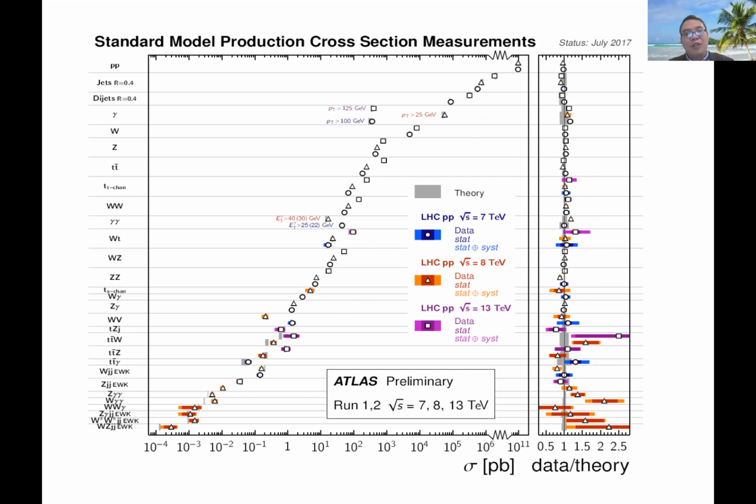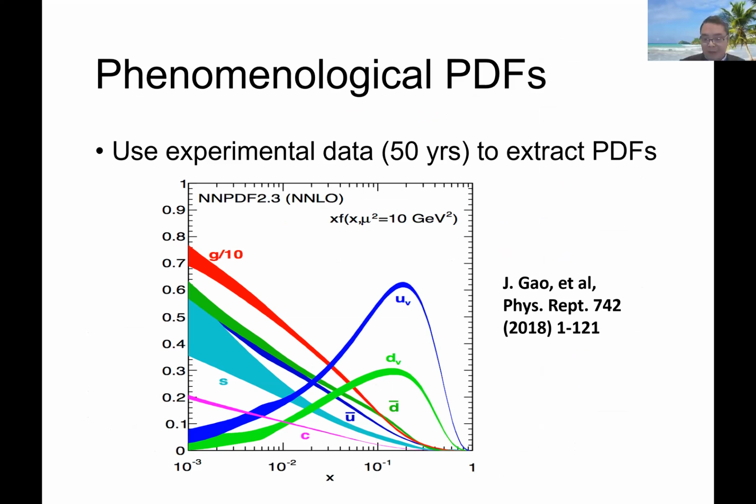Now, this is one of the successes of the LHC program. What's shown here are various kinds of sub-processes with cross sections, labeled on the horizontal axis, which vary by 13, 14 orders of magnitude.